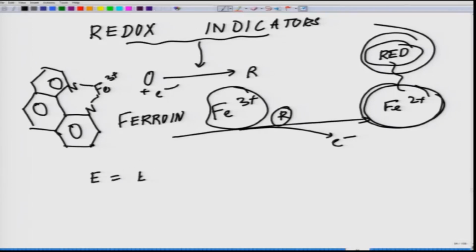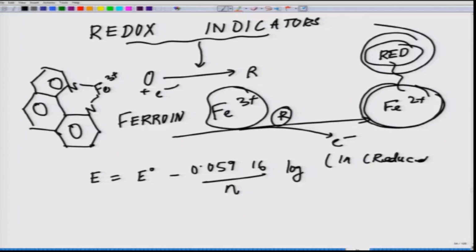E is equal to E0 minus 0.05916 upon n, which is the number of electrons, times the log of the concentration in the reduced state over the oxidized concentration.